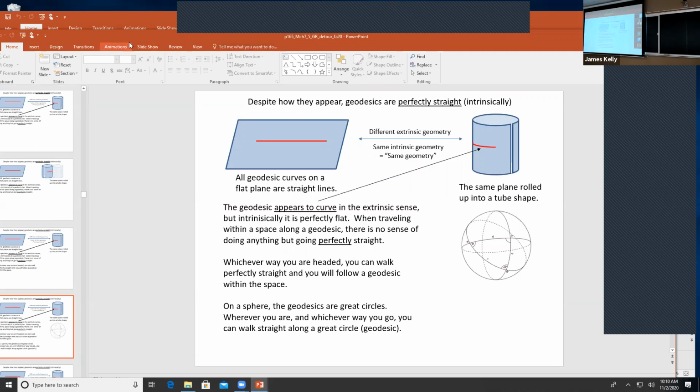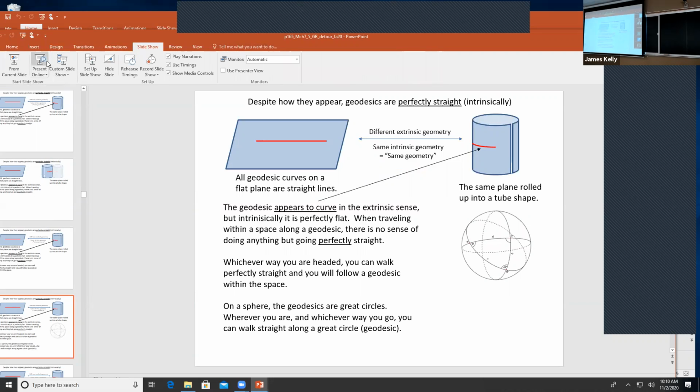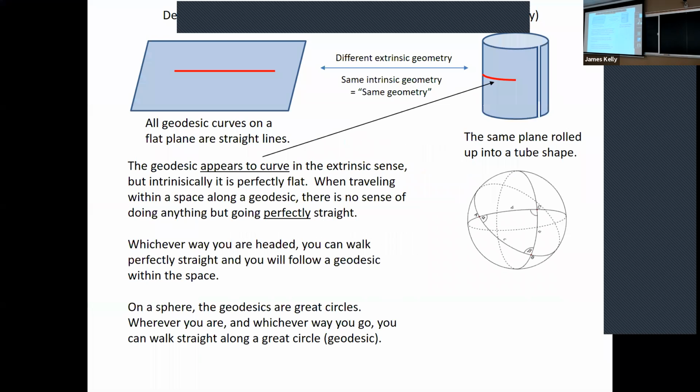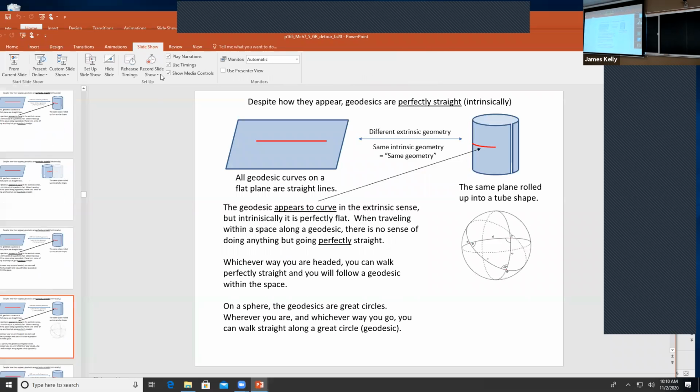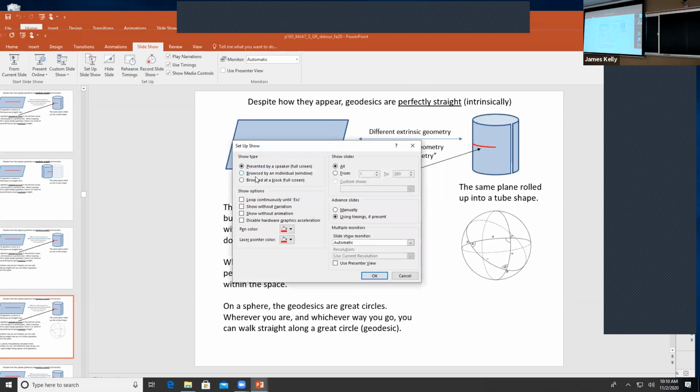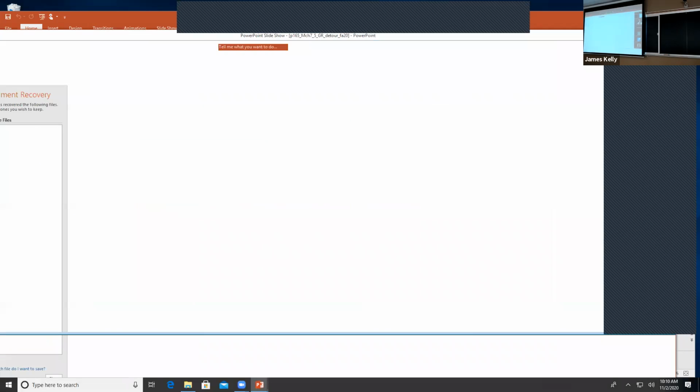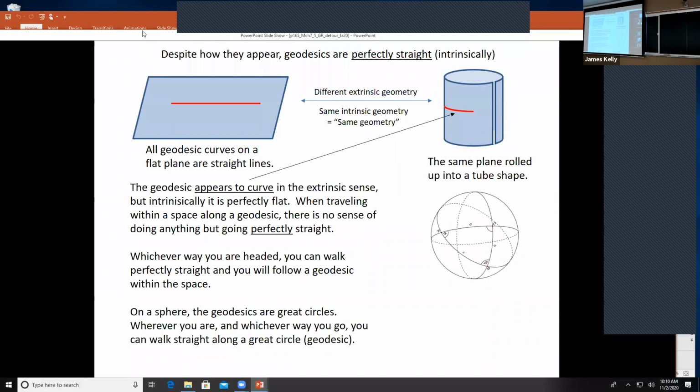All right, let me see if I can do slideshow mode now. Okay.